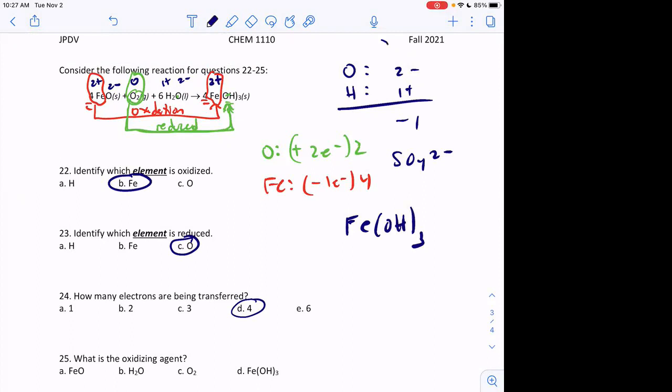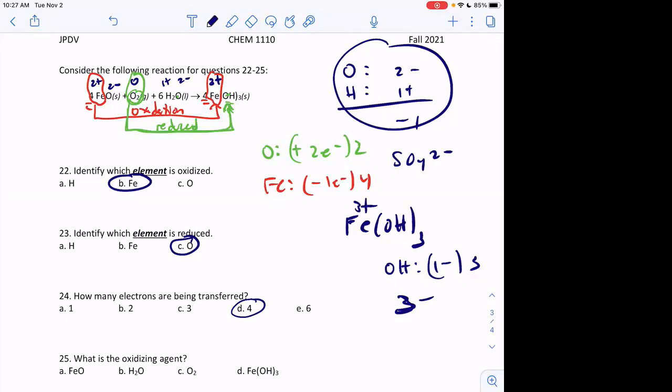And we just went over here that hydroxide is -1. And there's 3 of them. So that's 3 minus. That means iron has to be balanced, the charge. That means iron's got to be 3 plus. You're welcome.